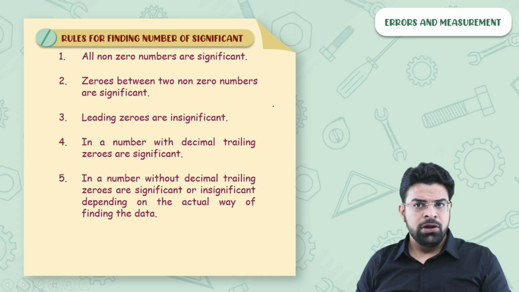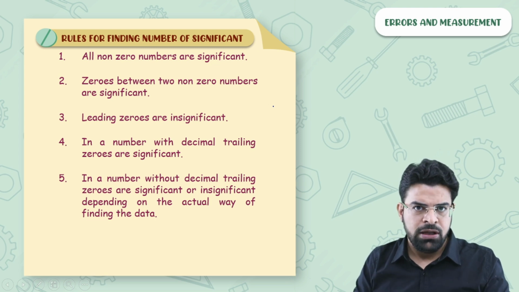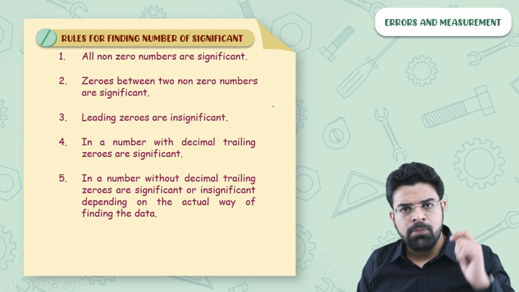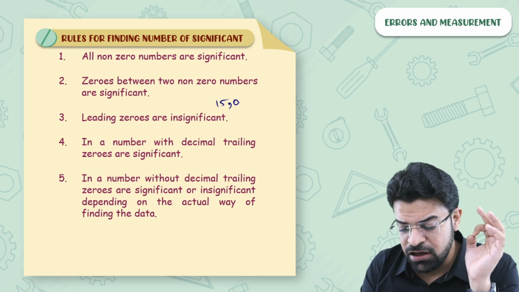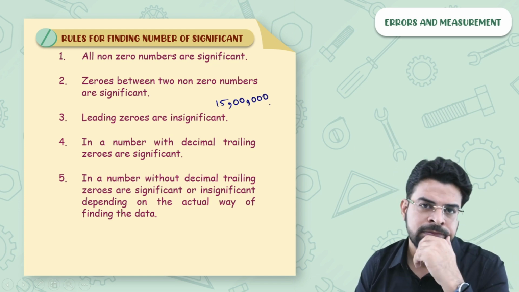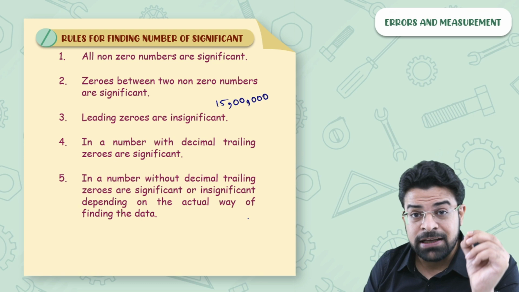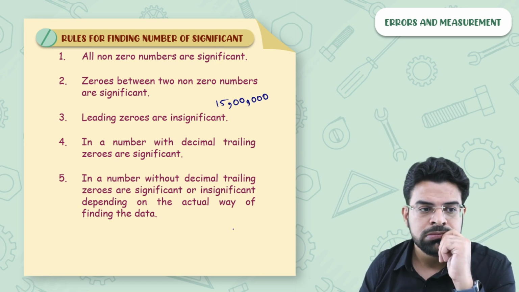But let's say NTA is watching everyone registering for NEET and looking at registrations one by one, and, luck by chance, exactly 15 lakh people enrolled in the examination. Now, if exactly 15 lakh people enrolled, how do you know? Sir, we counted.